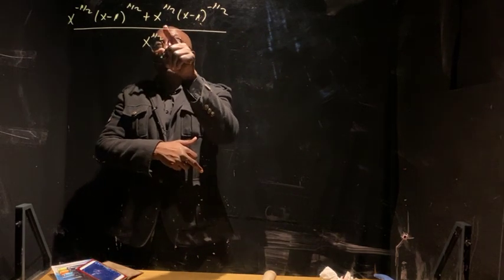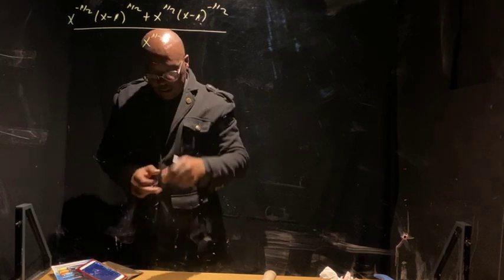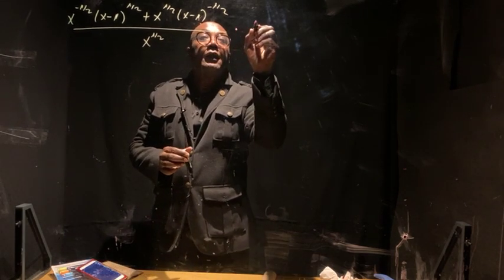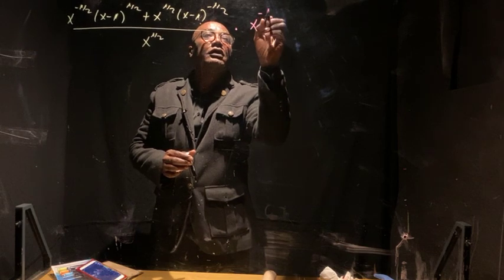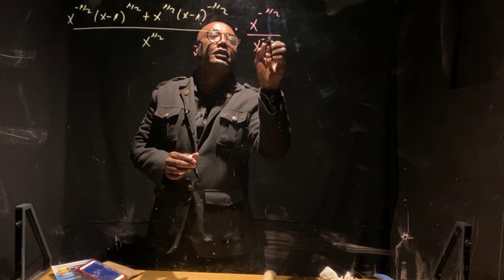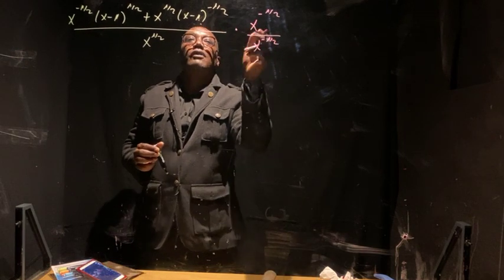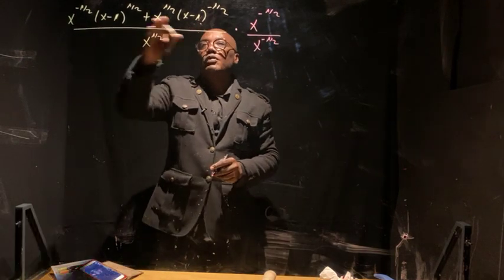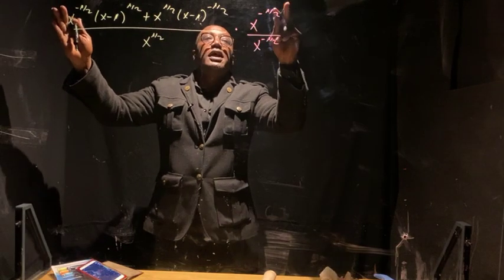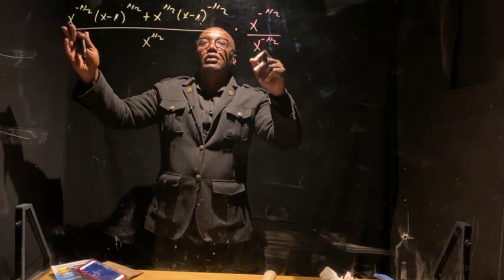So I'm going to choose this one to clone. So this expression, x raised to the power negative half over x raised to the power negative half, the same, I've cloned it. This expression is no different from this expression, so this one will cancel this one out.